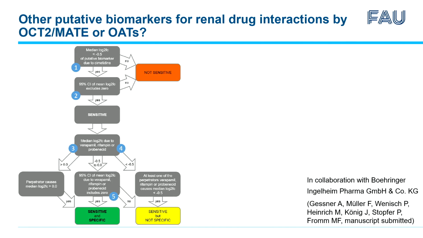So we defined a certain threshold above which we considered the effect of the classical inhibitor as clinically relevant: a log4 change below -0.5 in response to the classical inhibitor cimetidine in this decision tree.